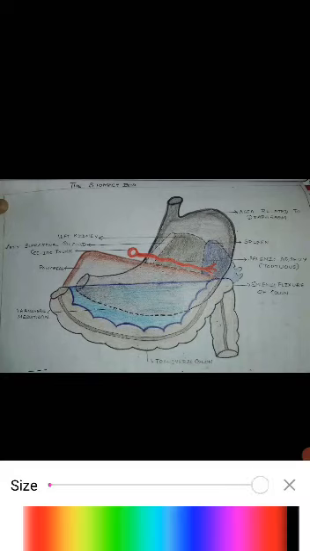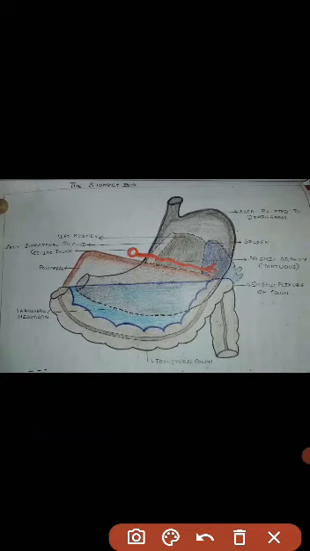Stomach bed structures means the structures which are related to the posterior surface of the stomach, and these structures are the diaphragm, the left kidney, then the left suprarenal gland, and the pancreas.